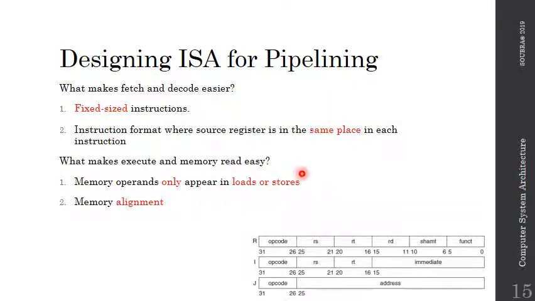And then the fact that we only deal with memory when it comes to load and store instructions and not every single instruction. And of course the memory alignment that we talked a lot about, so I'm not going to repeat it here. These factors helped in making the pipelining easier, and we can make it happen in MIPS, for instance.